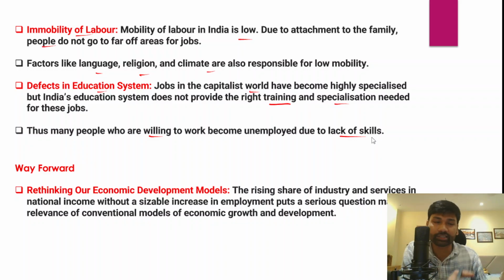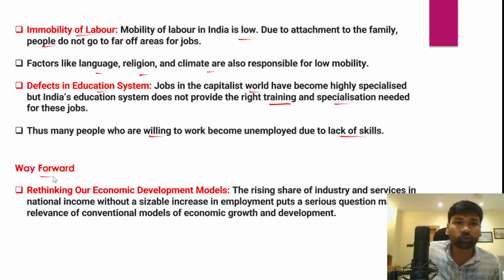Right, I'm talking about the working age people who are skilled. India needs to improve skills at a rapid pace to make sure that youth either get employment or become entrepreneurs. That is also very important for job creation.